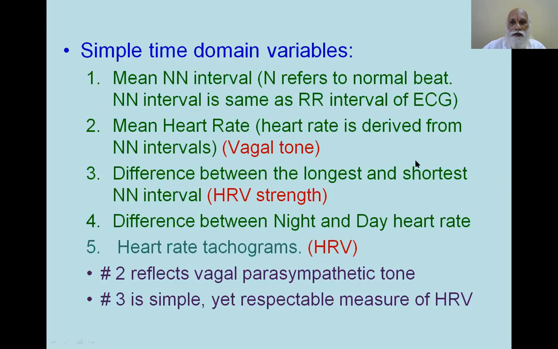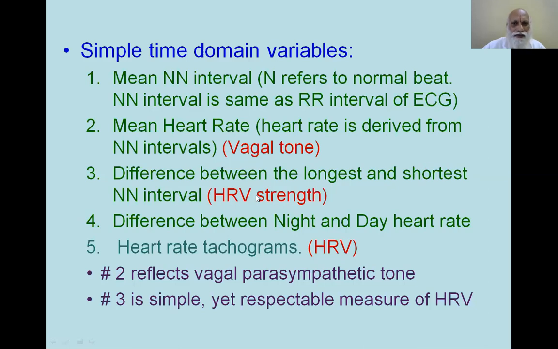The difference between the longest and shortest NN interval is a good indicator of the heart rate variability strength. What is variable? Heart rate is varying from one beat to another. That's it. So what is the longest beat and what is the shortest beat?